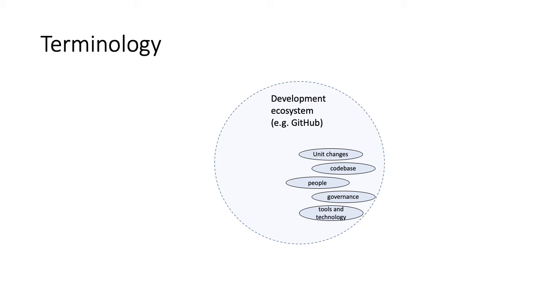There is a governing body which decides the code of conduct, the practices, or the vision of the project, and then there are some tools and technologies that enable it. Our fundamental unit of analysis is a project, which is a part of the broader ecosystem, which comprises many other projects of the kind.